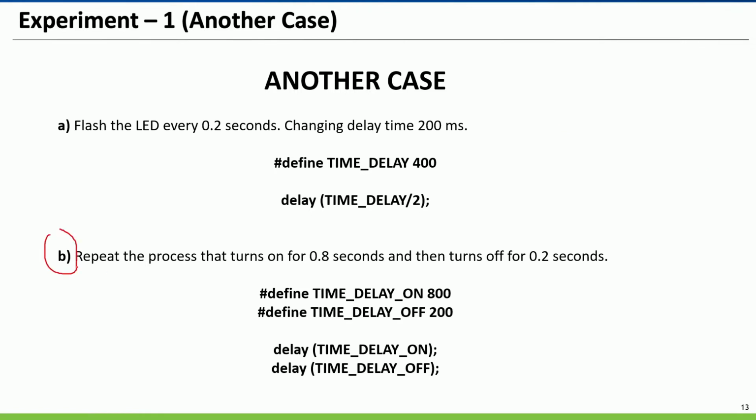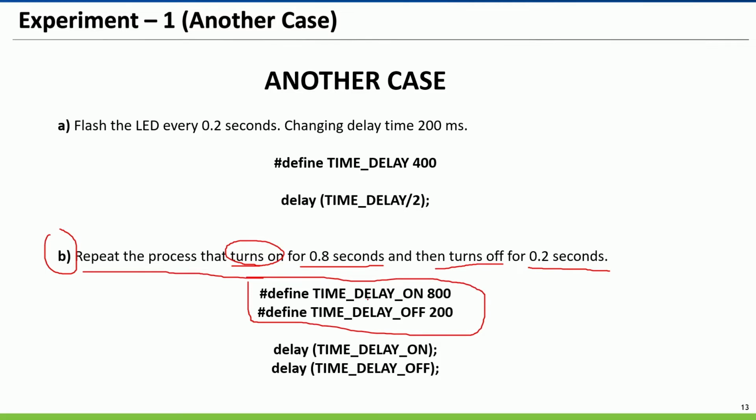And case B, repeat the process, where the LED is on 0.8 and off 0.2 seconds. First, you need to define the time for delay on and off.